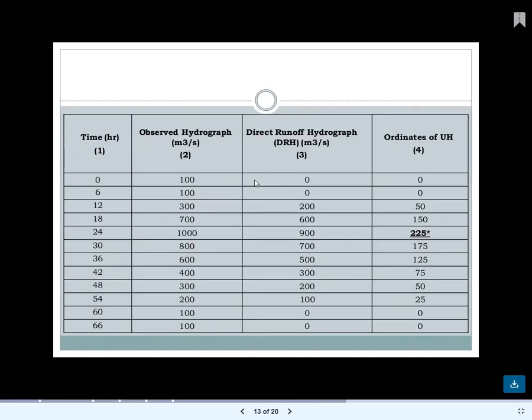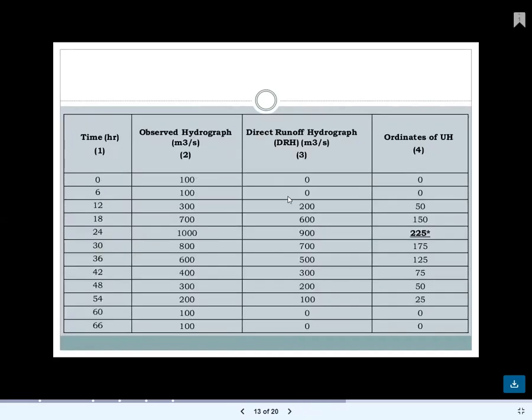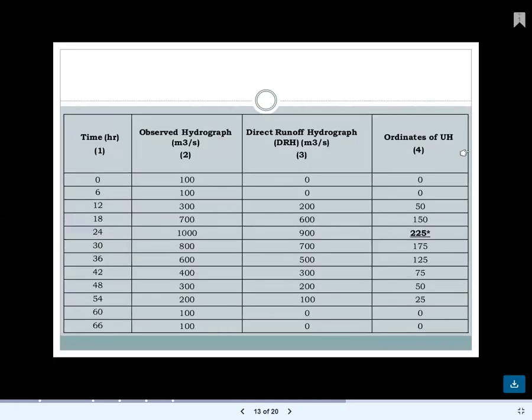Then the direct runoff hydrograph, DRH, is calculated as the ordinates of the flood hydrograph minus base flow. Doing the subtraction, you get the DRH in meter cube per second. From that calculation you can get the ordinates of the unit hydrograph.